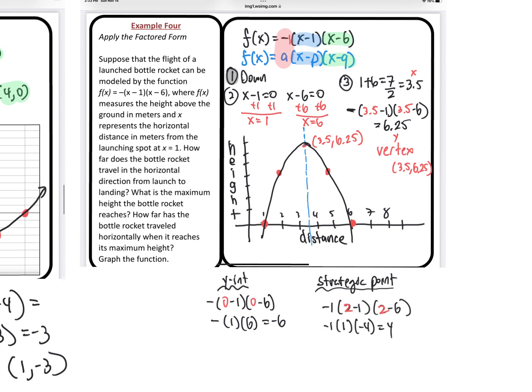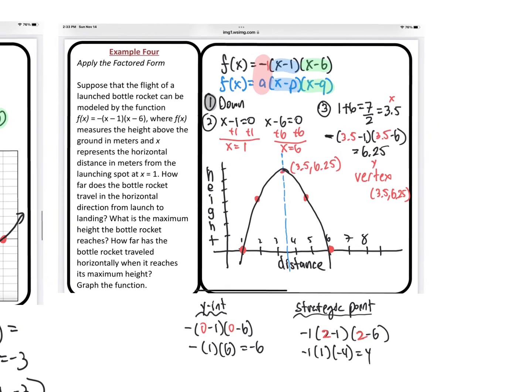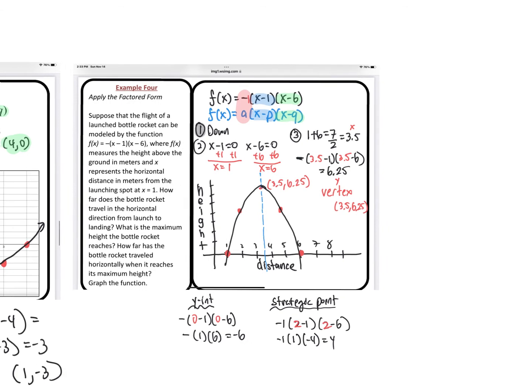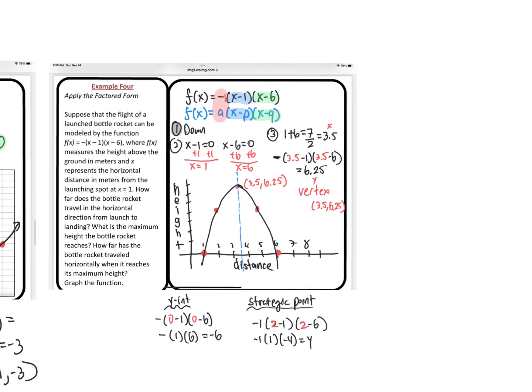Now I can start answering some of these questions. So let's set this up to answer some of these questions, highlight them out, and then answer them from our graph. Okay, so the first question we want to tackle says, how far does the bottle rocket travel in the horizontal direction from launch to landing?